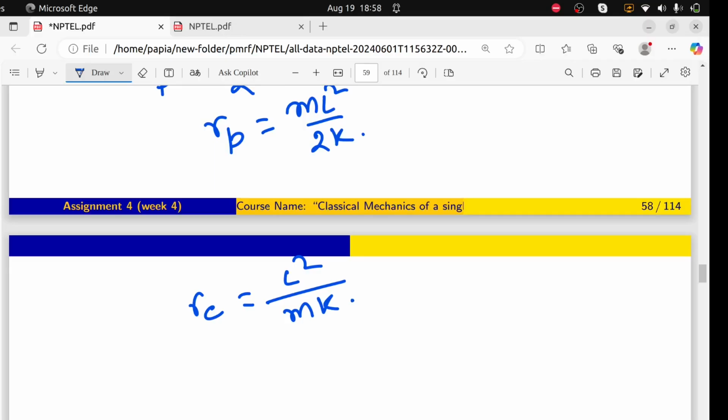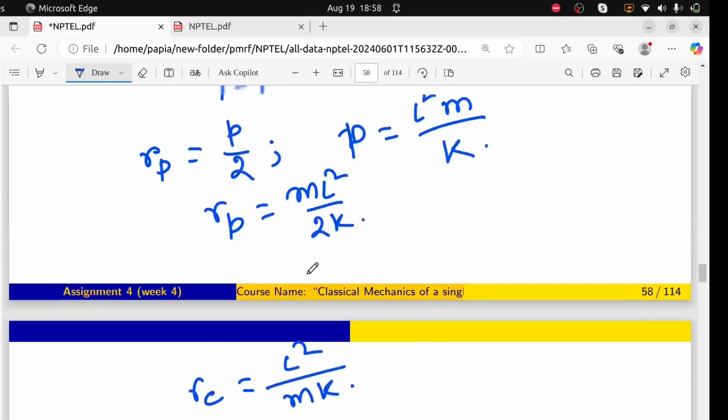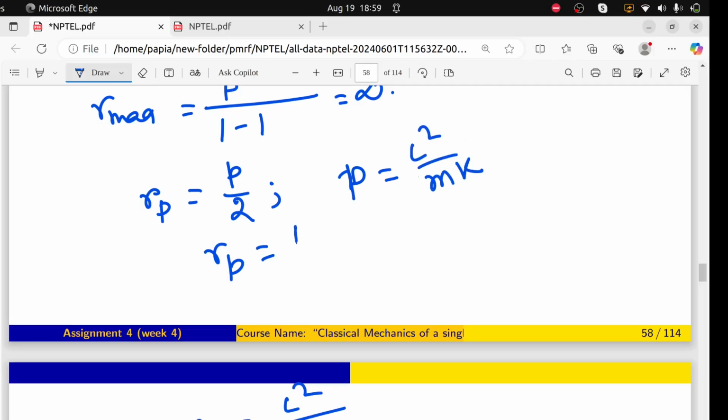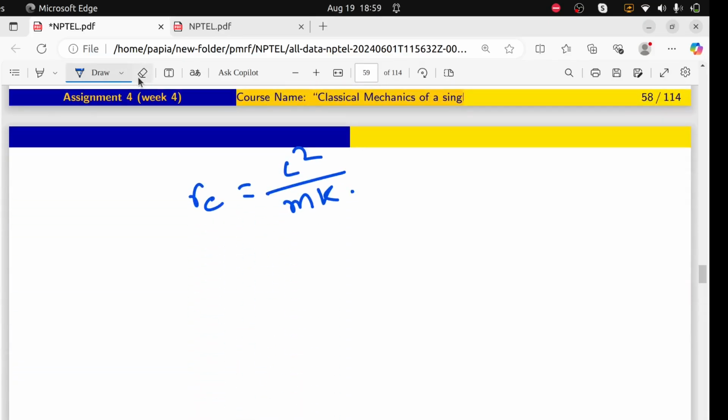What is the P expression? The P expression is L square by 2MK. Now you can see here RC was L square by MK and RP is L square by 2MK.